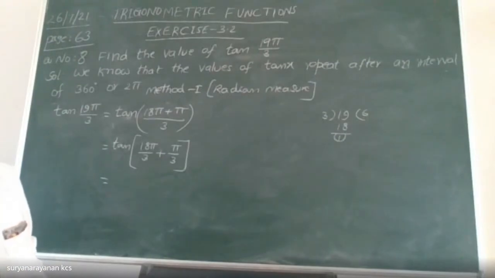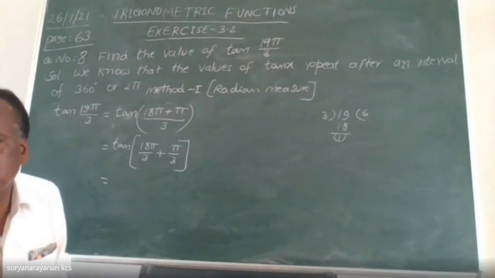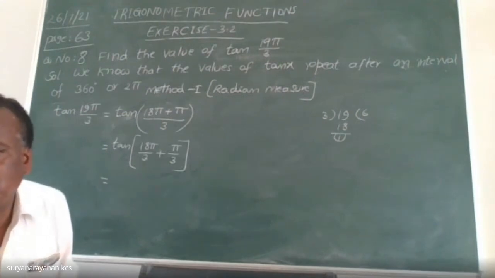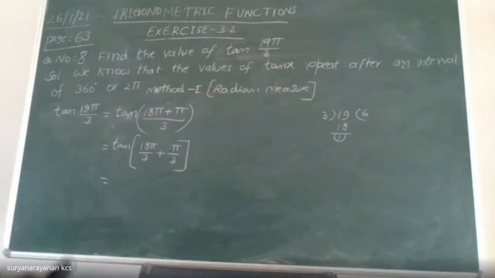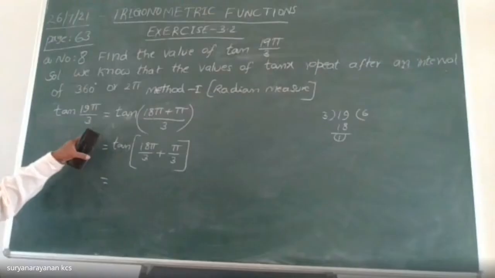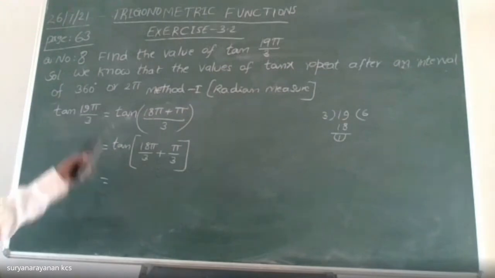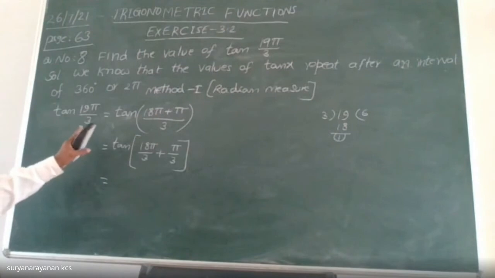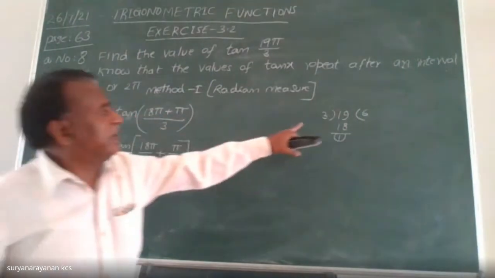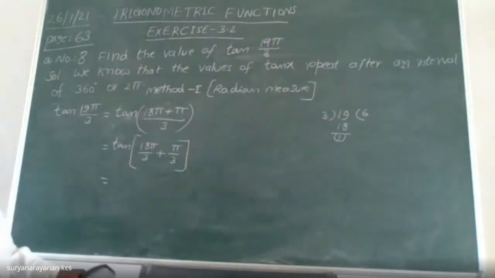So here, okay, Mahima. Actually, the given number is 19 pi by 3. So it is not an acute angle. That is why we have divided like this, 6 times.